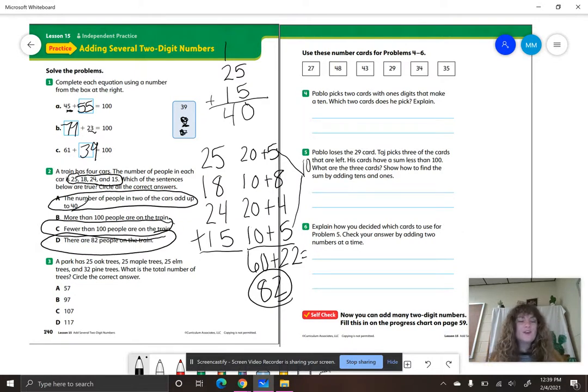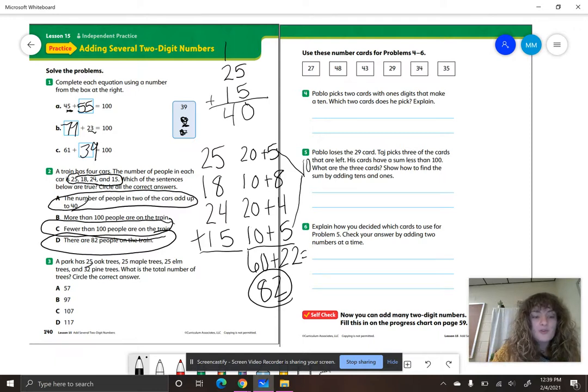All right, let's move on to number 3. It says a park has 25 oak trees, 25 maple trees, 25 elm trees, and 32 pine trees. What is the total number of trees? Circle the correct answer. So let's circle the parts that we are adding.